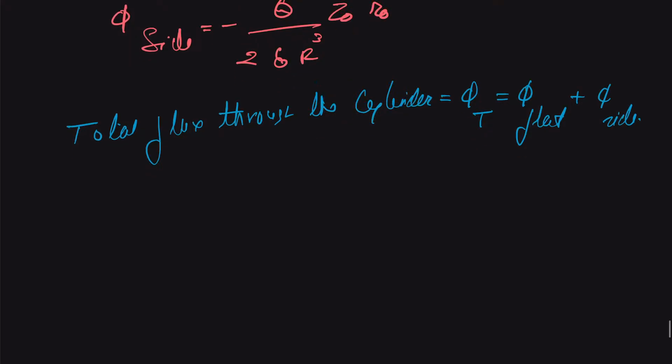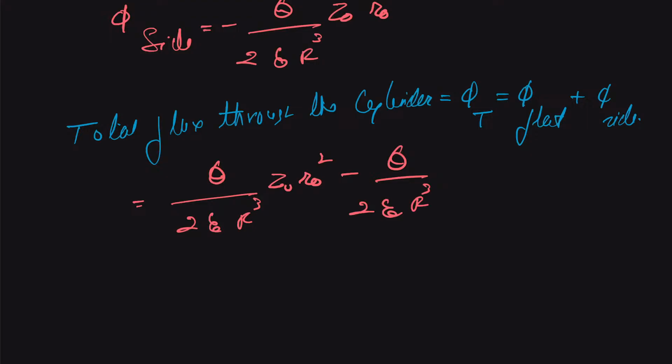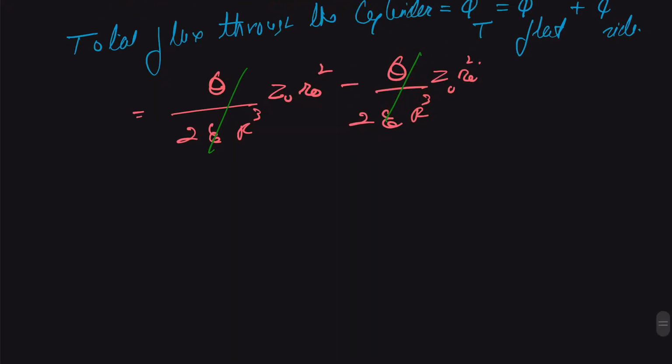So this will be giving us flat was q upon 2 epsilon naught r cube z naught r naught square minus side was q upon 2 epsilon naught r cube z naught r naught square, and these two terms cancel out, therefore we get the total flux through the cylinder is equal to 0.